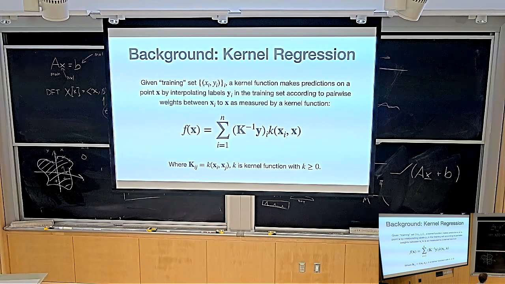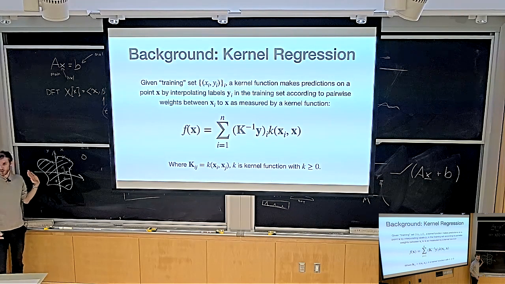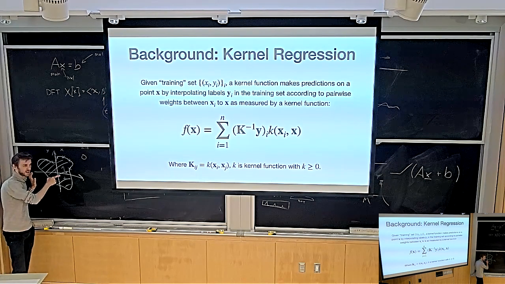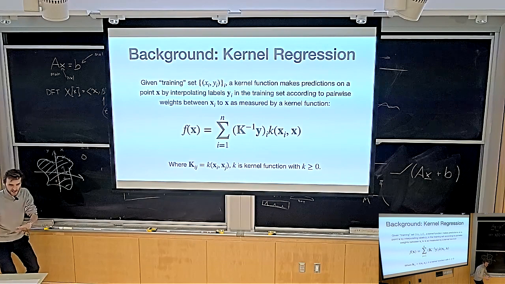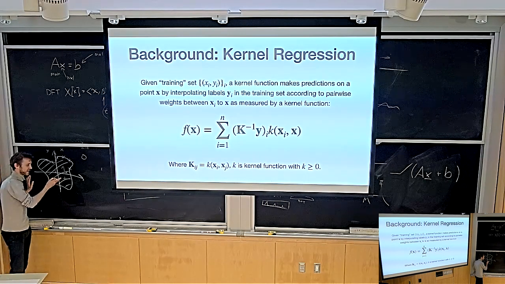Okay, so now what is your neural network doing? Your ReLU neural network or any other network that you're fitting on this thing. It turns out that after training, the output of your neural network can always be expressed as a function of the training points.